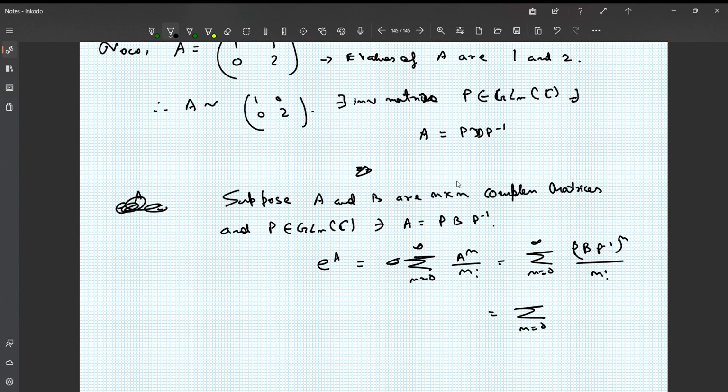But then by distributivity, P and P inverse can be taken outside. So it's P, summation n equal to 0 to infinity B to the power n by n factorial, times P inverse, but this is nothing but P e to the power B P inverse. Therefore, if A is diagonalizable, then we have this form.